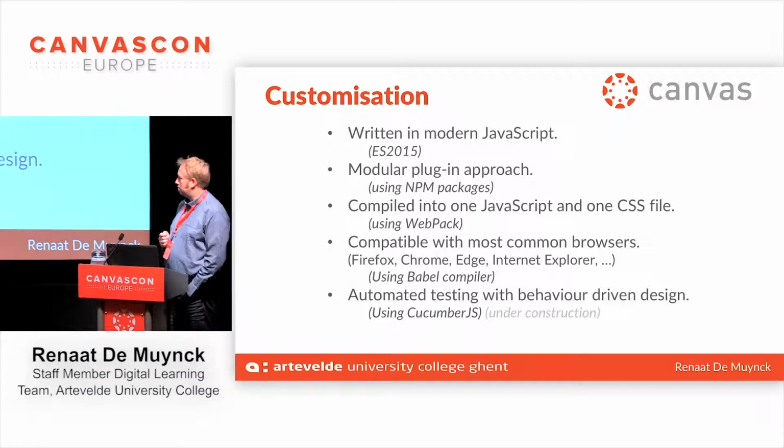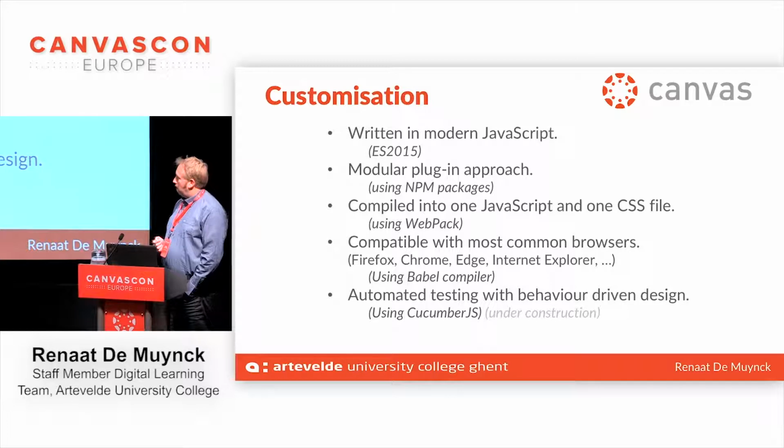So you can link to those tools, download them, and add them to your own script. Everything is compiled into one separate JavaScript and one CSS file, even though you can have multiple files in each module. That's using Webpack.